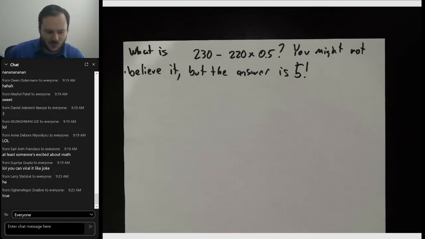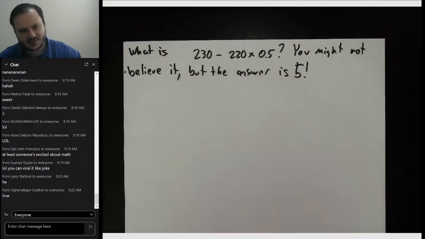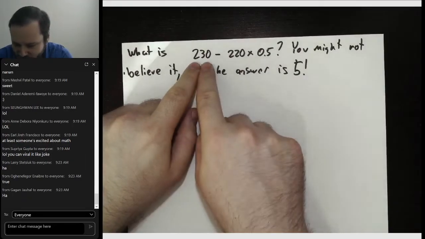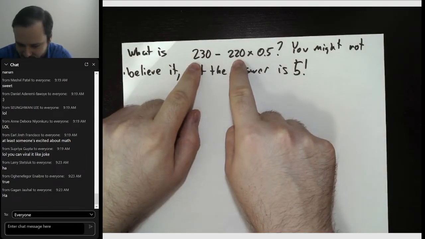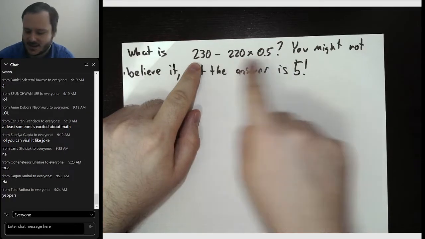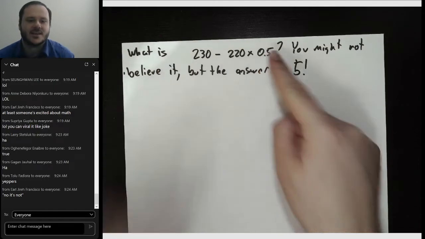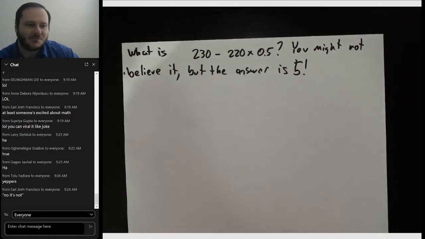So this is my favorite one because the level 0 is people say 230 minus 220, I get 10, times 0.5 gives me 5. And then the level 1 goes, but you don't know order of operations.